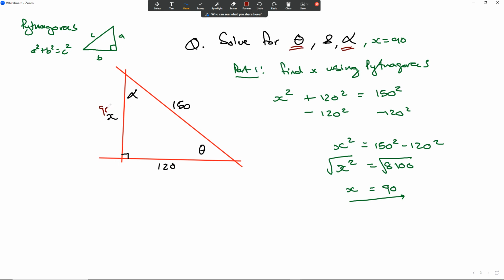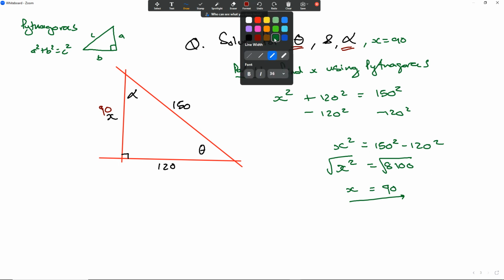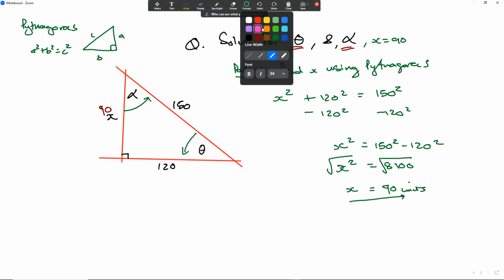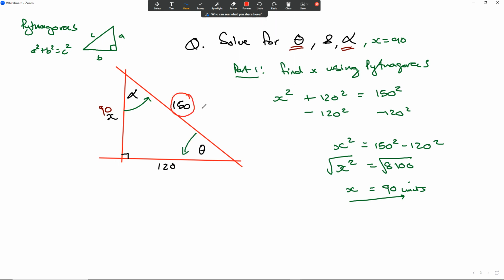Knowing that this side is equal to 90 units, we can even use the word units if you're not given centimeters or meters. All right, so 90 units. Now, using 90, 120, and 150, I can find alpha or theta. Now, it would be best to use what they gave us, right? Because if I made an error over here for some reason, then if I use that error, it'll produce errors in my angles.